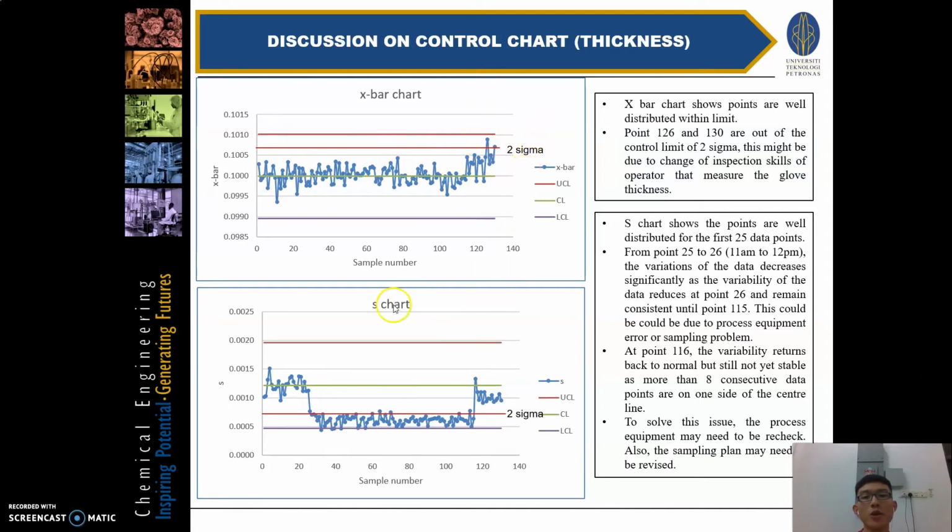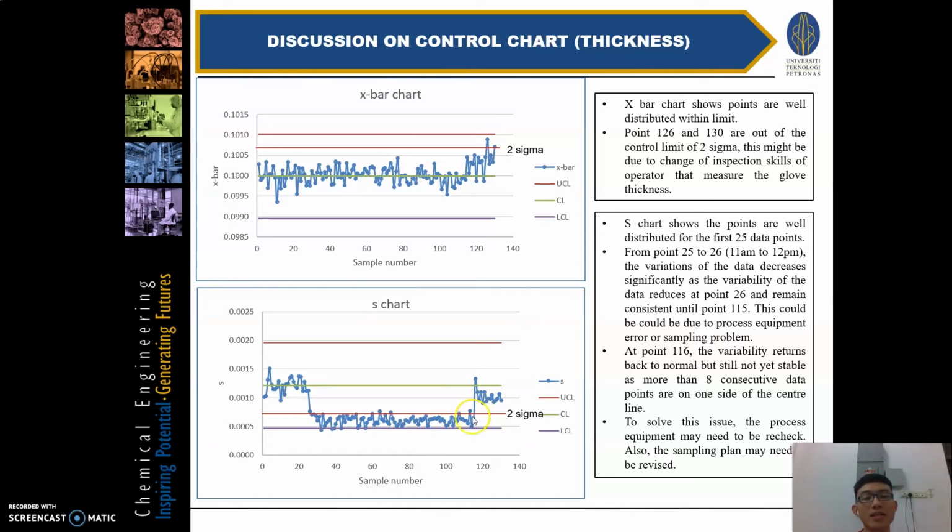After this, we look at the S chart, where from 25 to 26 there's a sharp decrease in the standard deviation value, and from 26 to 130 we can see that the trend remains consistent, and this might be due to process equipment error or a sampling problem that has to be resolved.